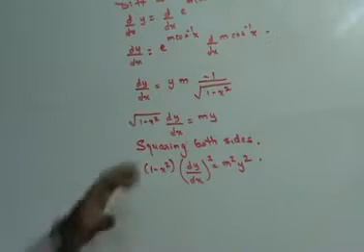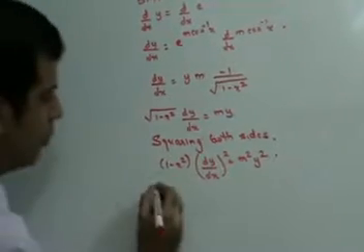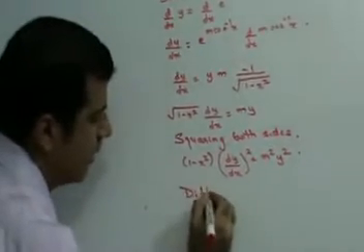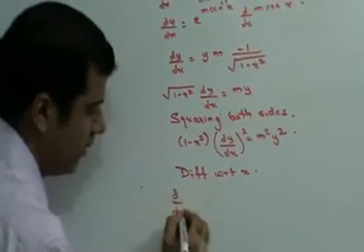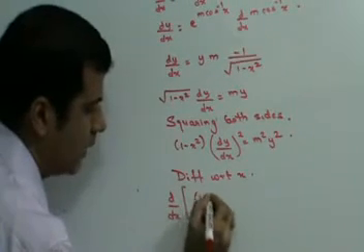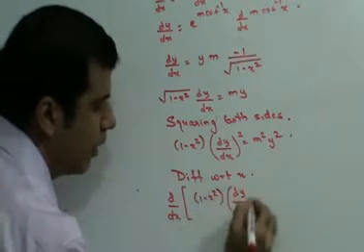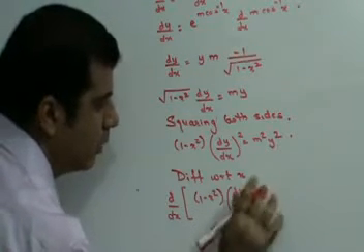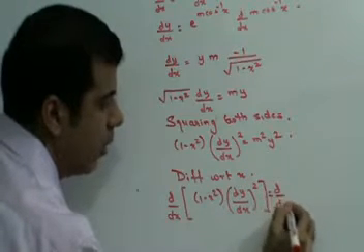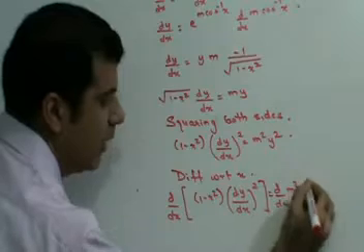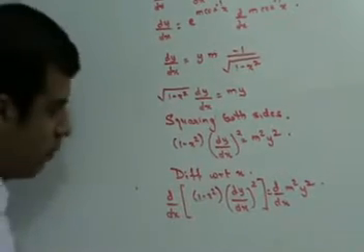Once you have this, since I want d square y, I'm going to differentiate this again. Differentiate with respect to x. So you will get d by dx of 1 minus x square dy by dx the whole square is equal to d by dx of m square y square. Right? Here you will be using the uv formula.